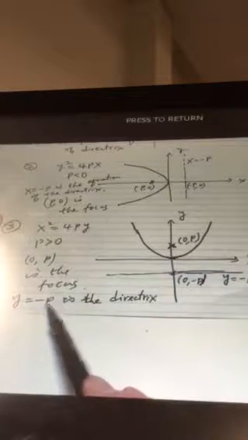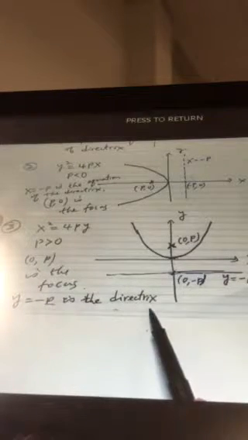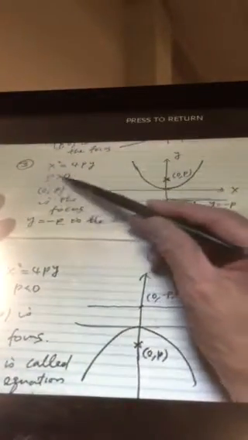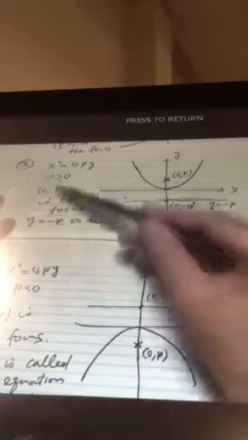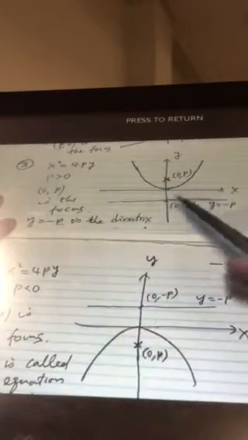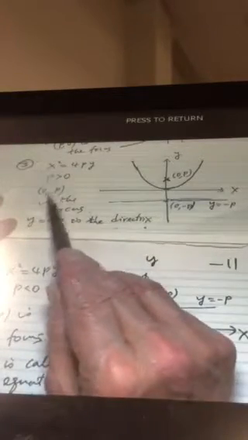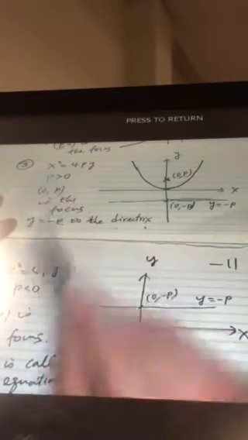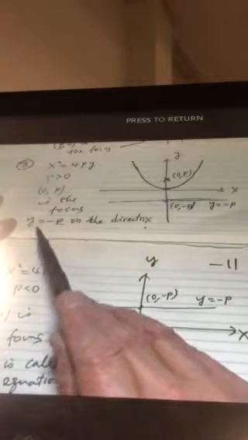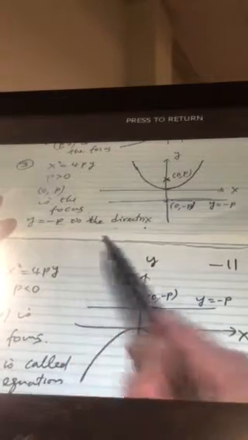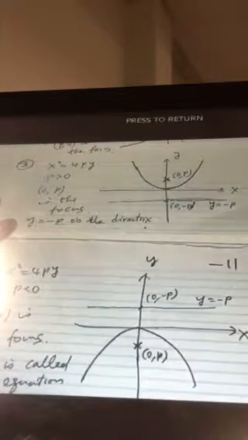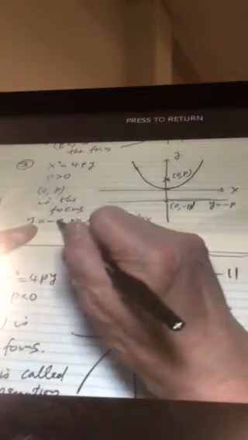This y equal to negative p will be the directrix. And then if you look at the other case, no matter whether p is positive or negative, its focus is always the same form, (0, p). y equal to negative p, okay, so this is p.